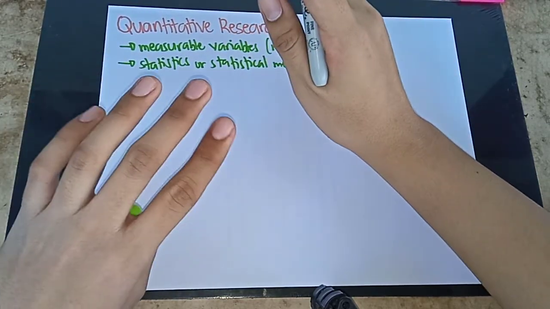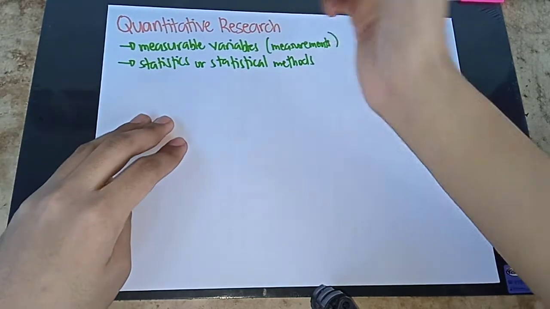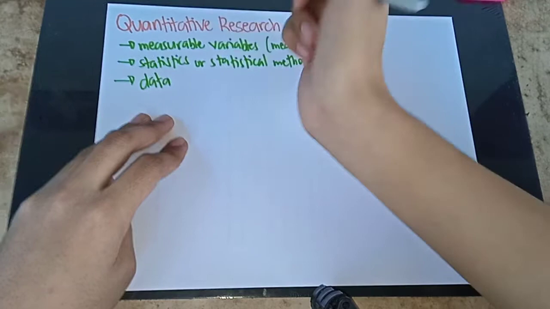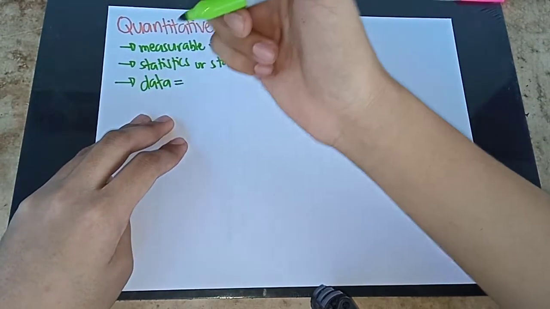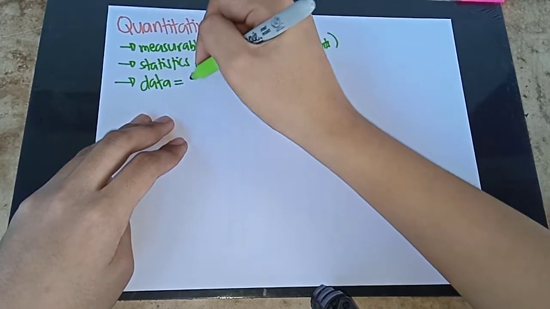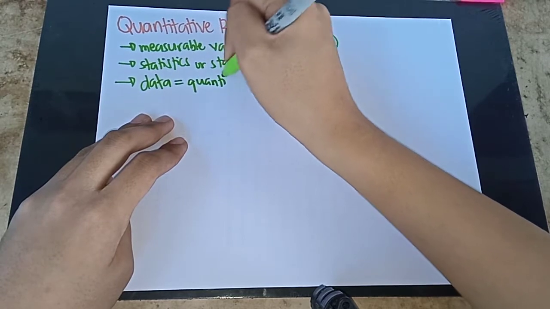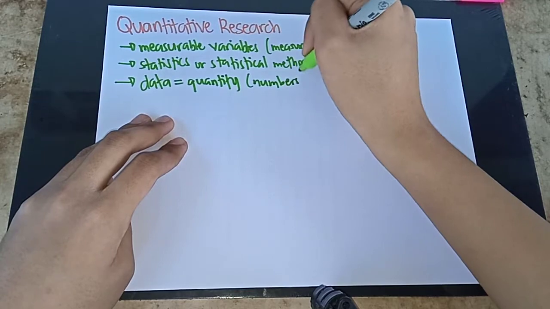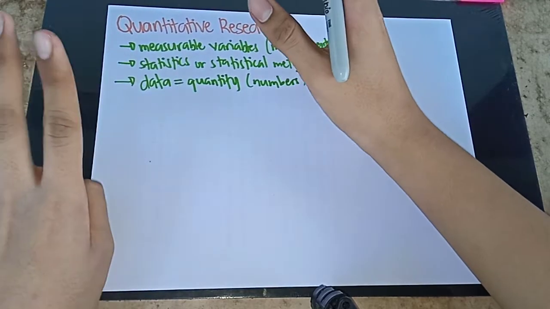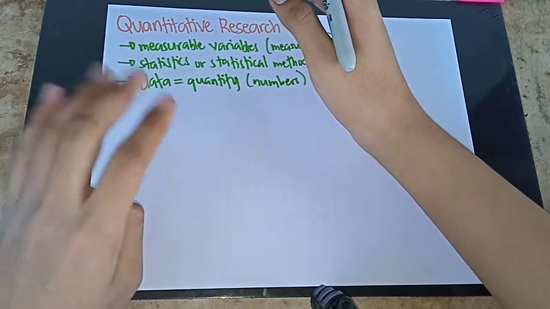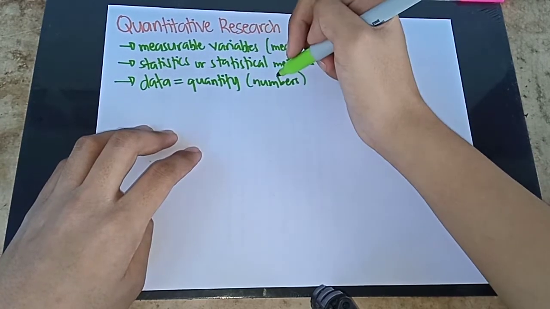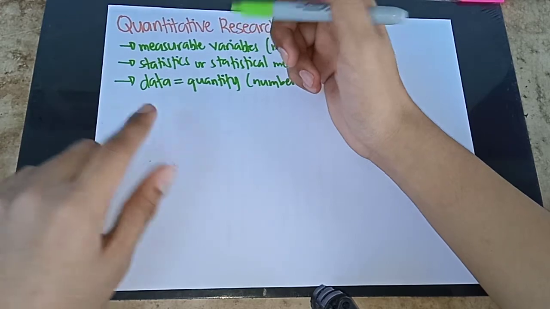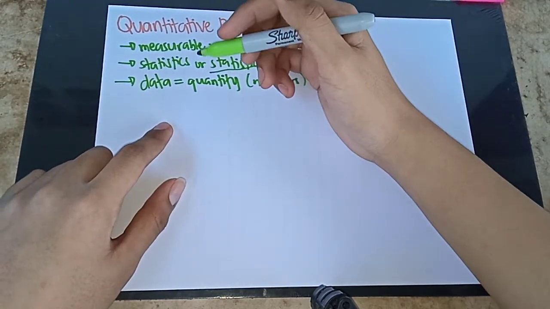Also, one characteristic of quantitative research is that the data and the results gathered are expressed in the form of quantity. And whenever we say quantity, we mean numbers. So it does not express data in word forms. Instead, it expresses data using quantities or numbers. So in quantitative research, it is said that it uses statistical methods, right?